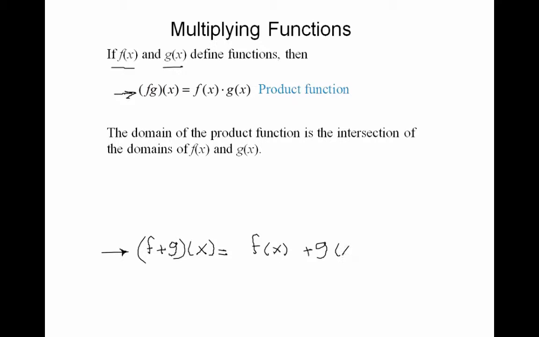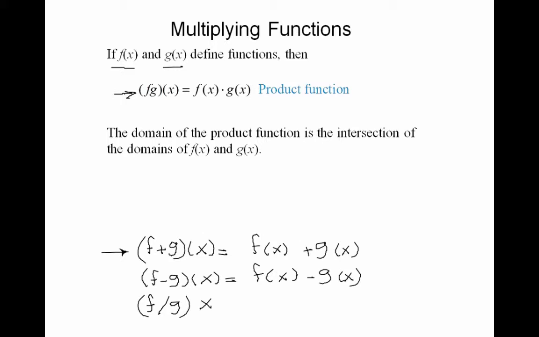It's like you have two expressions you need to add. Does that make sense? So if I change this to minus, you can guess what that means, right? That means you have two functions that you have to subtract. But if I change the symbol to (f over g)(x), what would that mean? That means you have two functions, f of x and g of x, and you have to divide them.